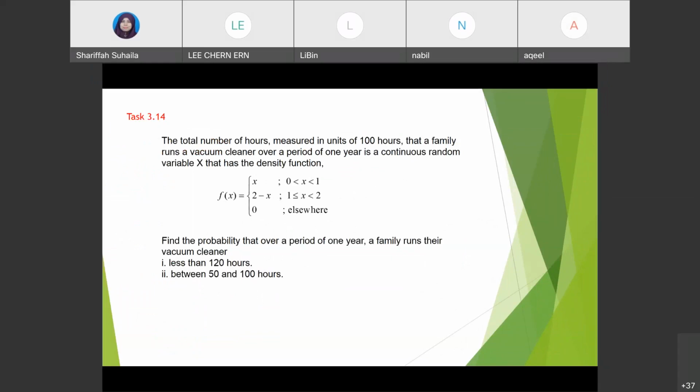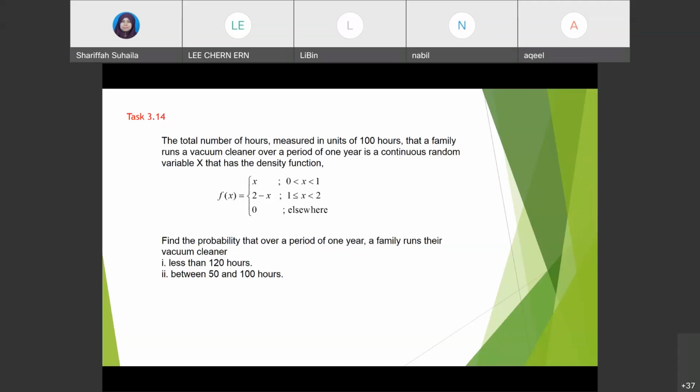So maksudnya X kamu sekarang ni between 0 up to 100 lah sebenarnya. 1 ni 100 up to 200. But since we want to integrate and we want it in terms of simplified form, so kita buatlah antara 0 and 1, tapi sebenarnya unitnya dalam bentuk 100 hours. Okay. So now you have a two range between 0 and 1, and then the other one from 1 up to 2. So you want to find the probability that over a period of 1 year, a family runs their vacuum cleaner is less than 120 hours.